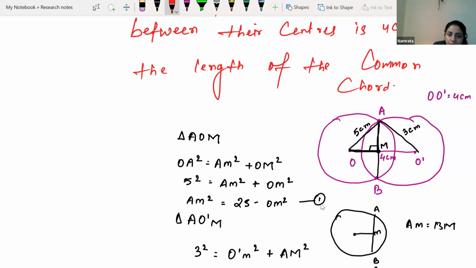If the total is 4, and if I am saying this much is x, so this will be 4 minus x.